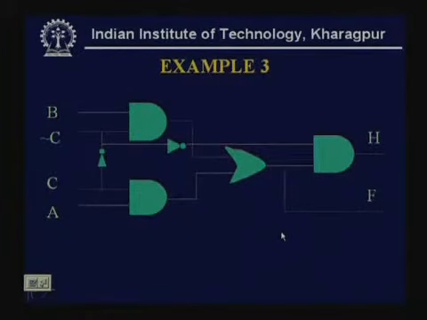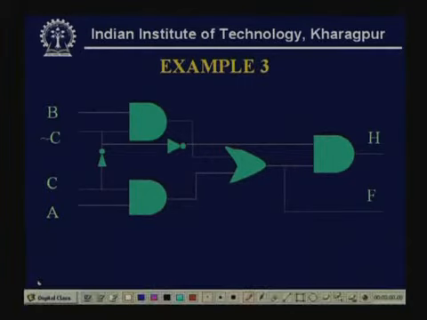Now, we take another example. See here the previous example is already included here. So, this is BC bar, this is actually C complement. The bottom AND gate is computing AC, that means BC bar plus AC, and here C is inverted as C bar.